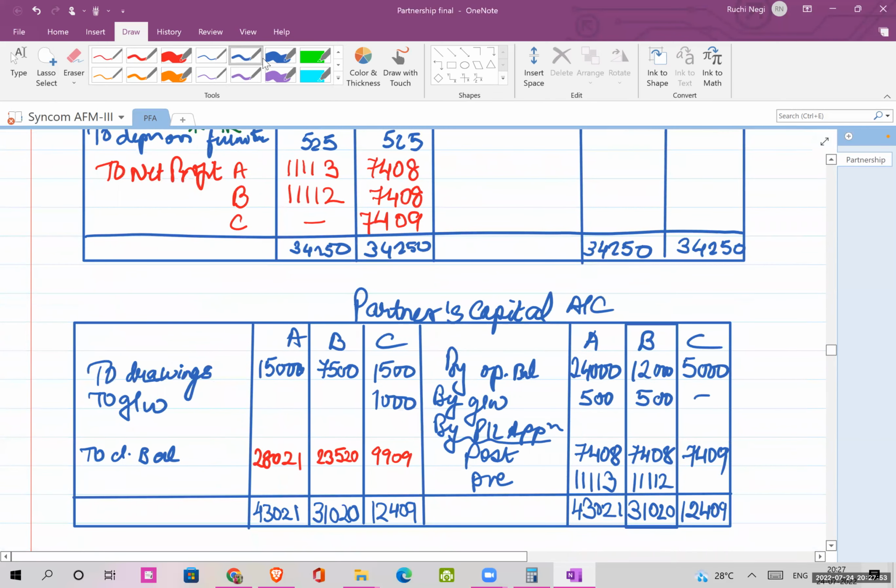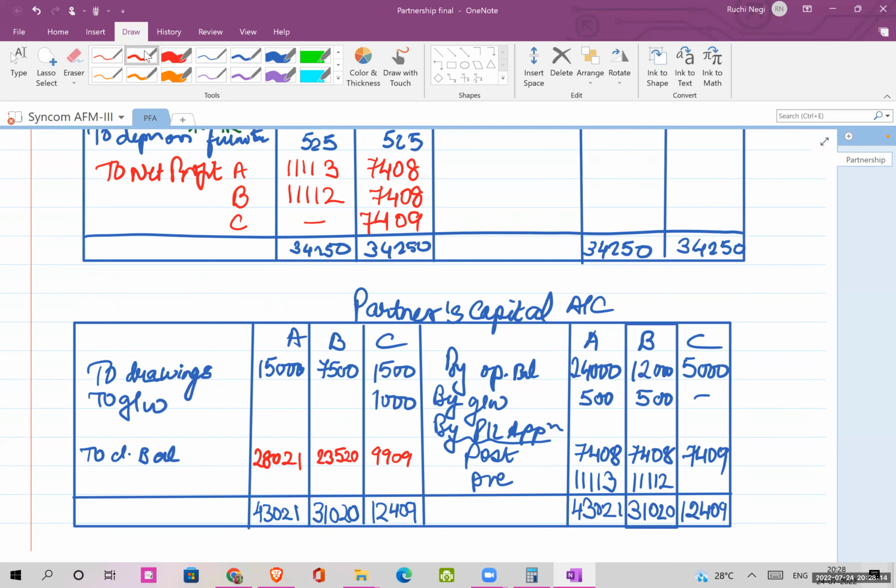Opening balance. Can you just see this? 24,000, 12,000, 5,000. ओके. और वो जो 5,000 था उसमें 1,000 तो आपका कैप ये था, गुडविल था, करेक्ट. सो गुडविल अकाउंट डेबिट टू ओल्ड पार्टनर्स. In which ratio?